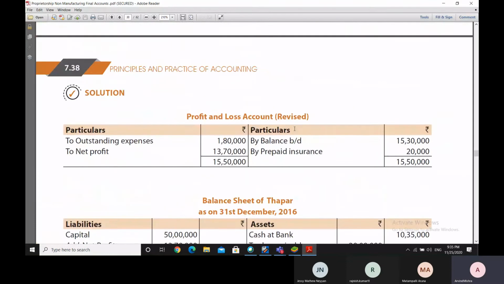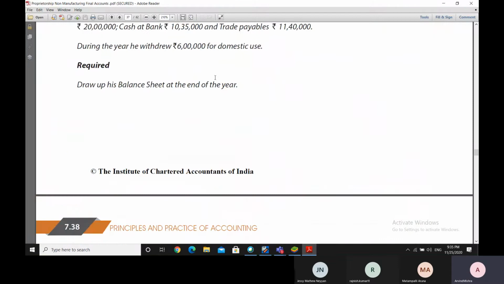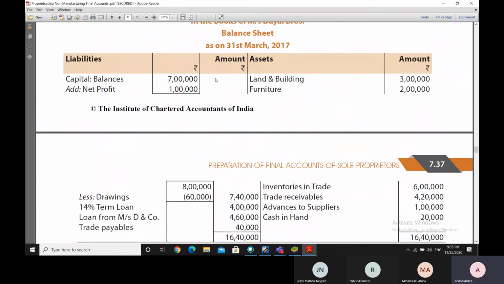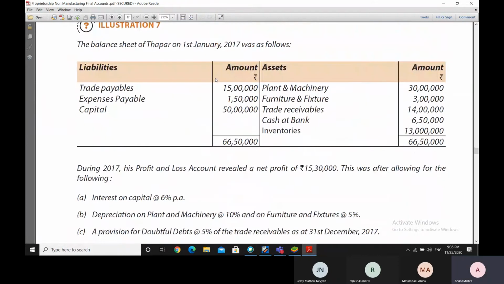And then, now that we have got the profit and loss account figure, we have to add this net profit to the capital. The capital is already mentioned earlier as 50 lakh rupees. If we look at the balance sheet, the capital is mentioned here as 50 lakh rupees.